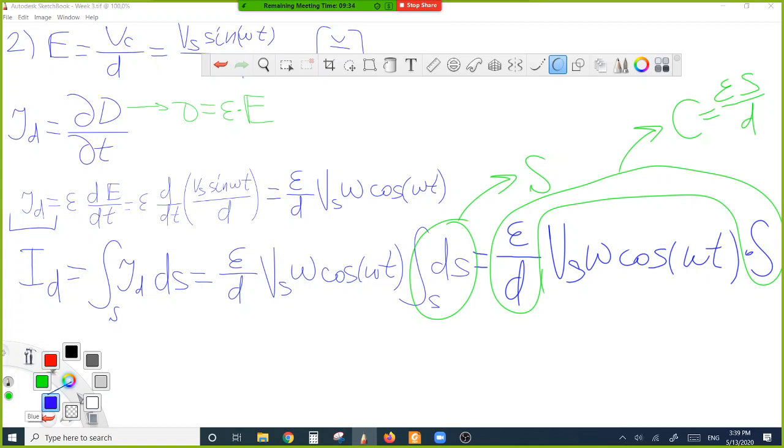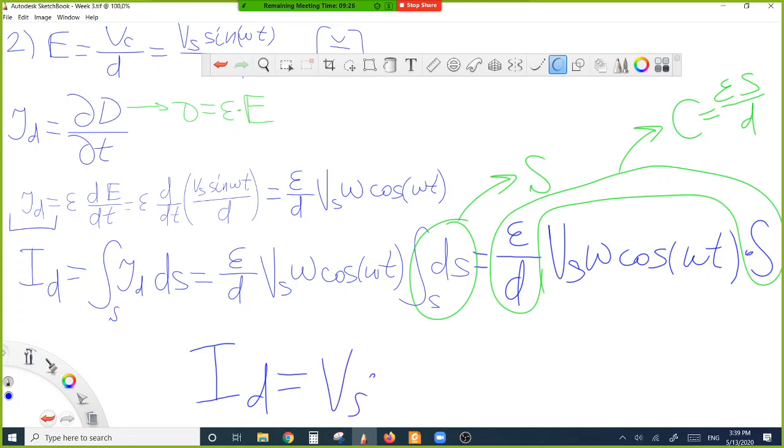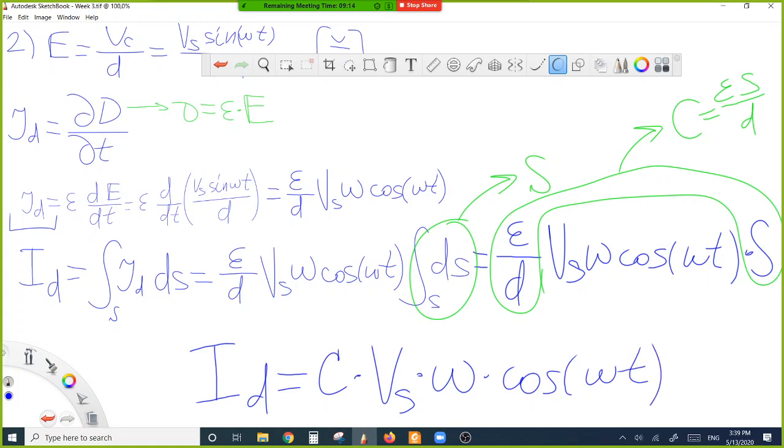Now ID becomes C multiplied by Vs multiplied by omega cosine omega t.